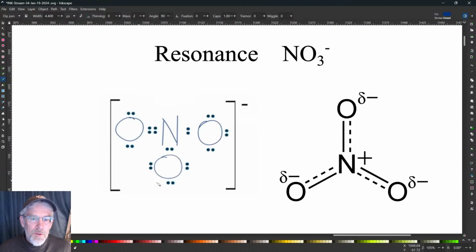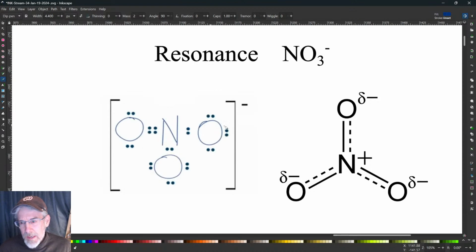If I draw the Lewis structure here, I could put the double bond here, but I could also put a double bond here and make this a single bond. That would be okay. It would still be a valid Lewis structure. I could also put the double bond here and make this a single bond. So there are 3 ways I could draw this. That's the problem with Lewis structures, they're kind of like a snapshot.